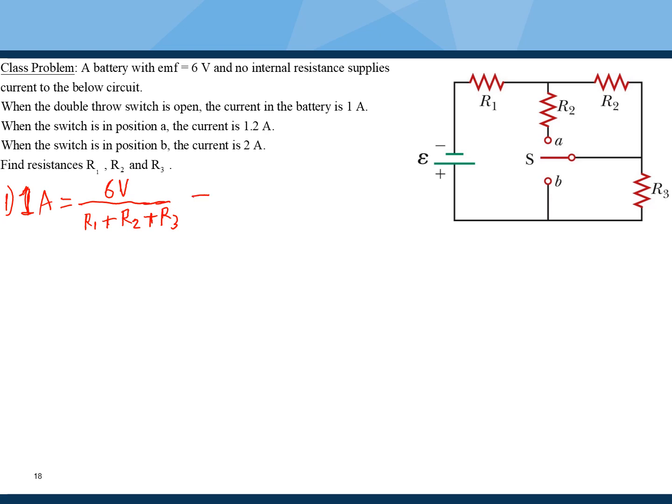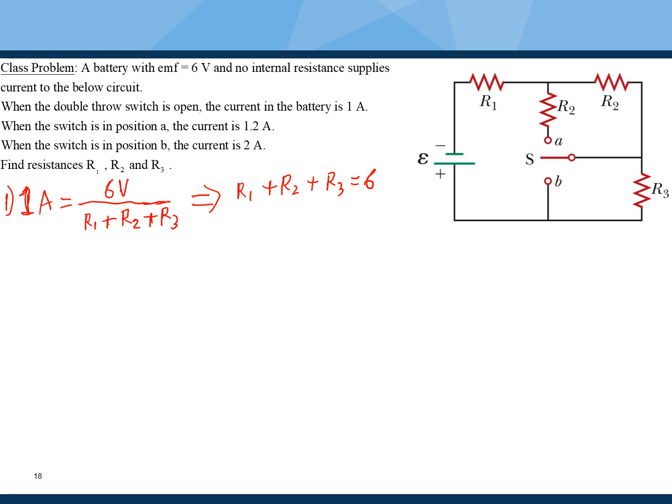This tells us that R1 plus R2 plus R3 is equal to 6 ohms.